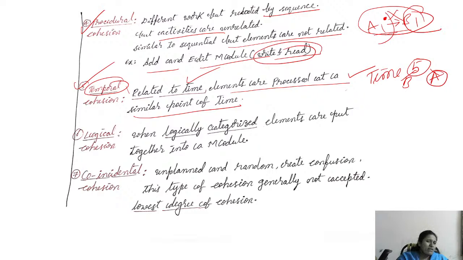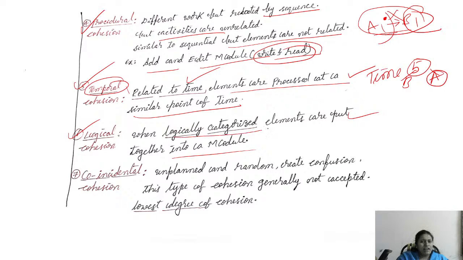Just remember that, it is easy. They will ask which is the highest cohesion, highest to lowest, lowest to highest, best, the sequence. They will ask like that. Okay, next, logical cohesion. This is when logically categorized elements are put together into a module.